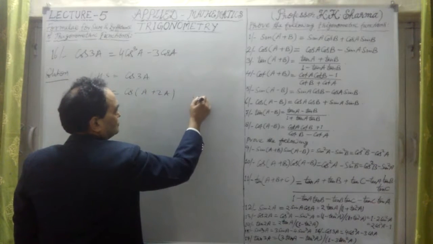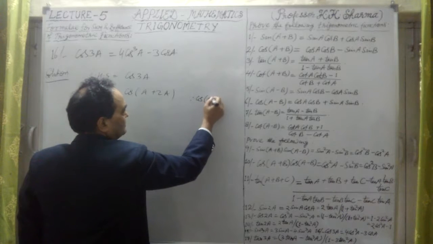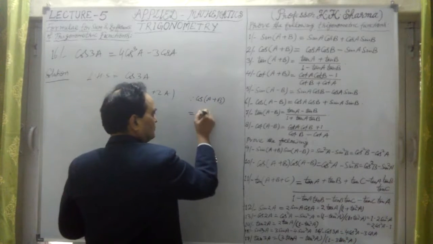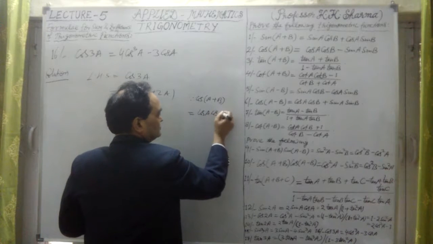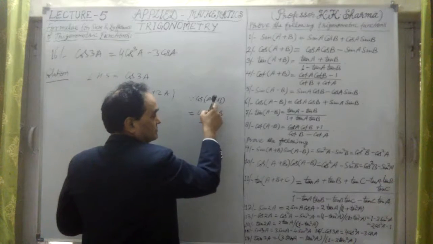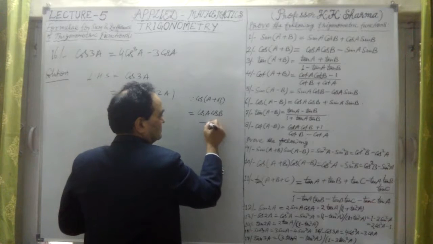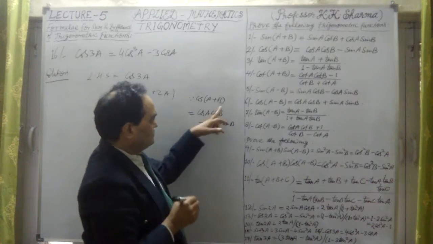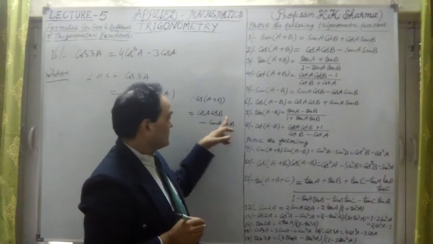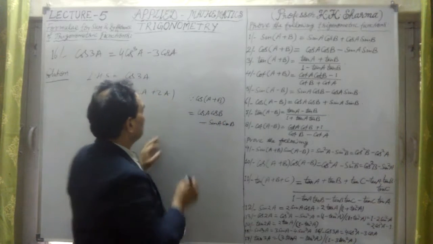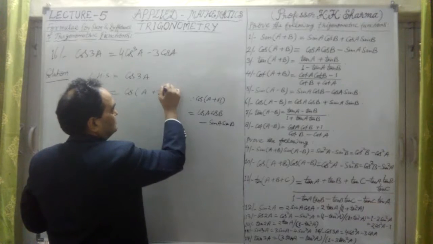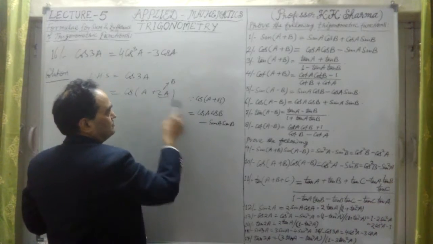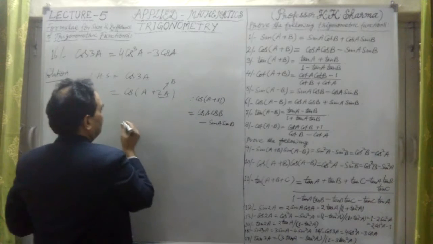Now since for cos A plus B, the basic formula is cos A cos B, minus sign, whenever plus sign is there, it is minus sign, sin A sin B. In place of B, you can substitute twice A here, because here we have twice A.